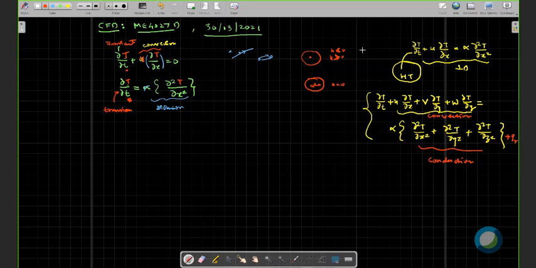Okay, so if you want to solve this equation, there is a T variable. Now there are other variables like u, v, and w coming into the picture. These are called flow variables, fluid flow variables.